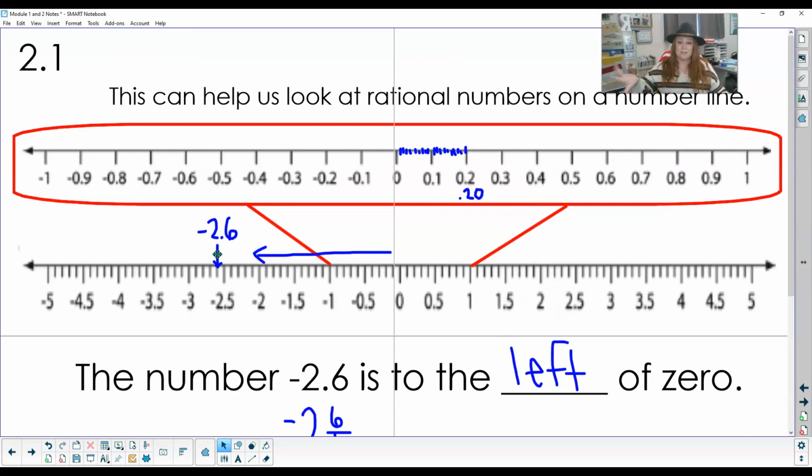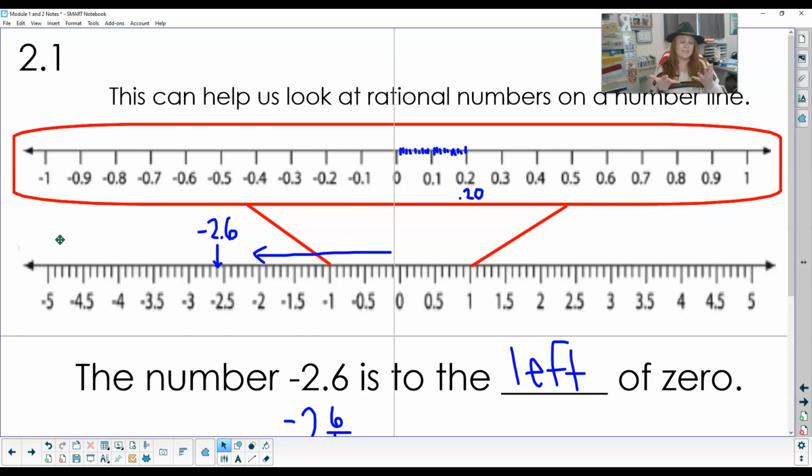So that means it's going to be smaller than anything that is this way. So even if we were comparing it to -2.5, it would be less than -2.5. If I compared it to anything to the left, if I compared it to -2.7, then -2.6 would be bigger because it's more to the right. Right is bigger, left is smaller.